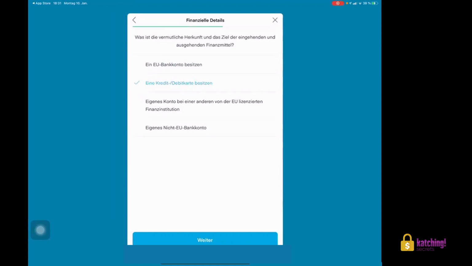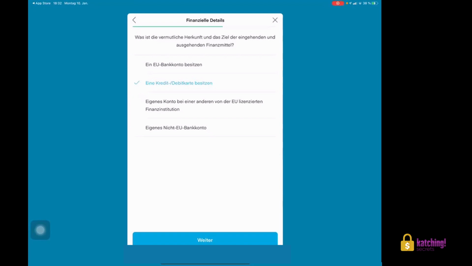You can add other payment providers afterwards also. So it's just the primary source of your funding, where it will come from to the Trading 212 account.